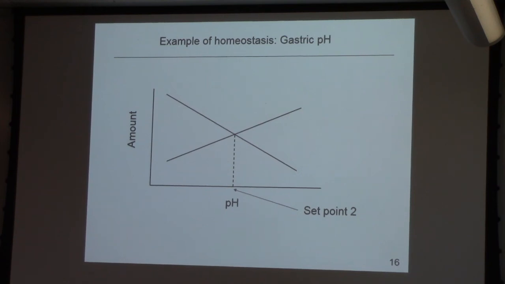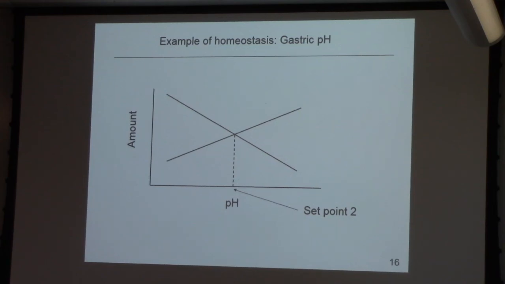You put a bunch of neutral stuff in it, and the pH in the stomach went up because the acid was getting buffered. Or how could the pH go more acidic? Excess of certain hormones.